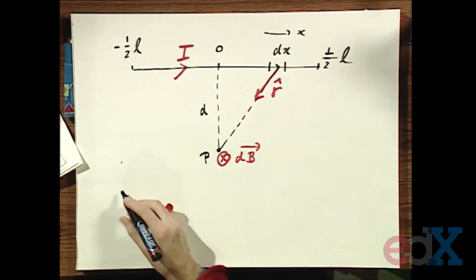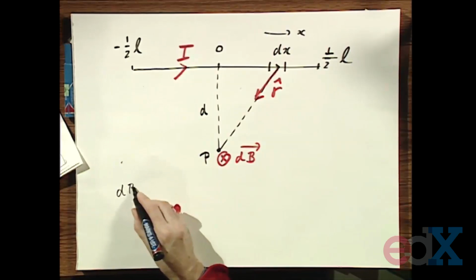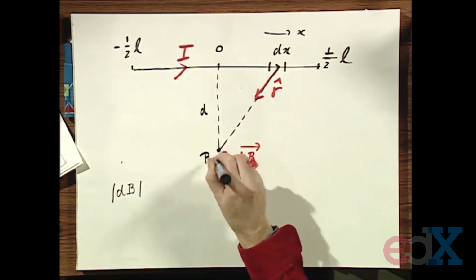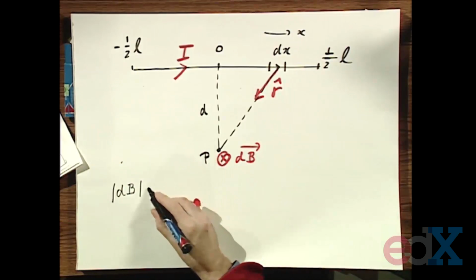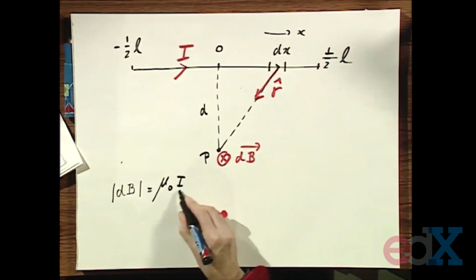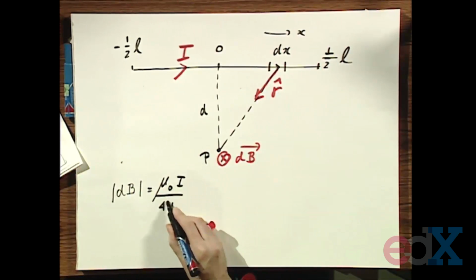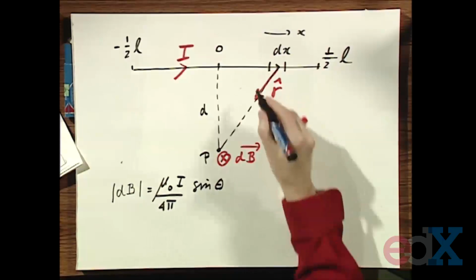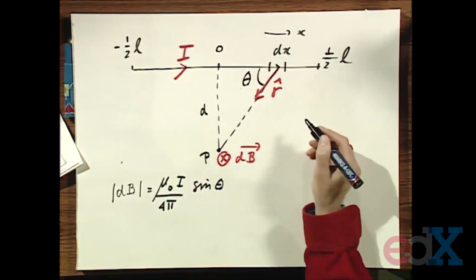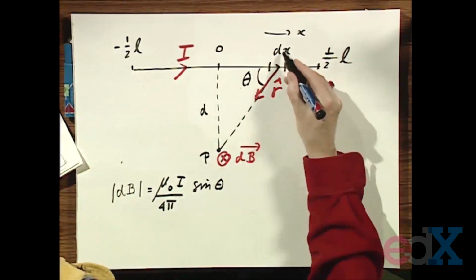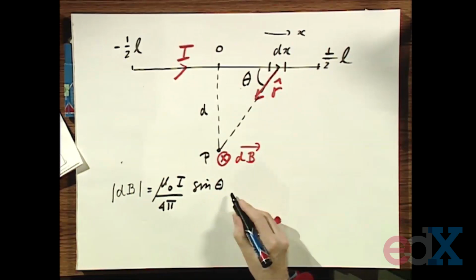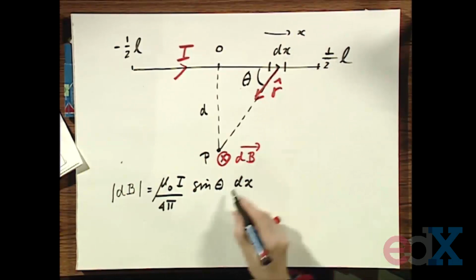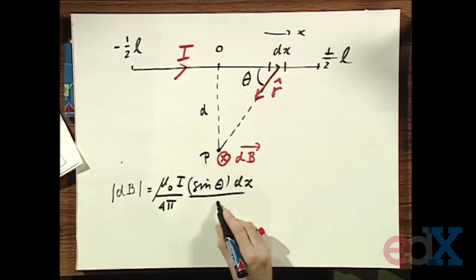Now, what is dB? dB, and I take the magnitude, because I already know the direction, it's down, so I'm not interested in that anymore, equals mu0 times I, divided by 4 pi, times the sine of theta, because remember, it's a cross product, and if this angle is theta, I have to take the cross product into account between dx and r. And then I get dx, which is my dl, and I divide the whole thing by r squared.